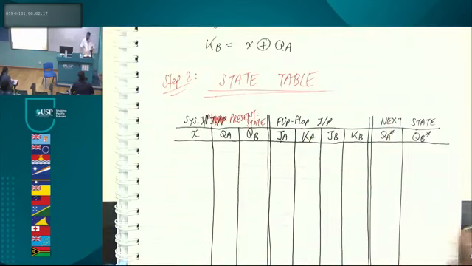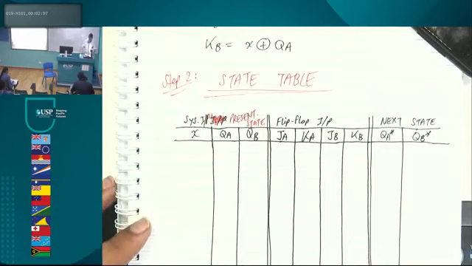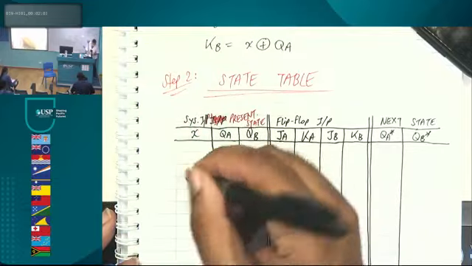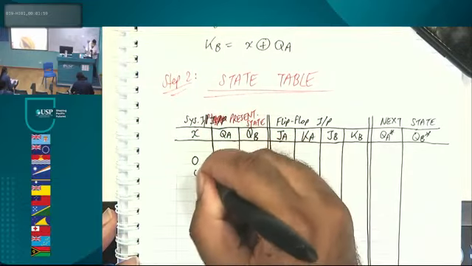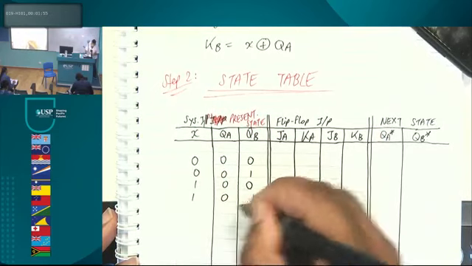Right. Which side do you populate first? We do so many of these problems that you should become confident with it. Which side do we populate first? This side, right? So the input side. This first section you call the input section. 0, 0, 0, 0, 0, 1, 1, 0, 0, 1, 0, 1.